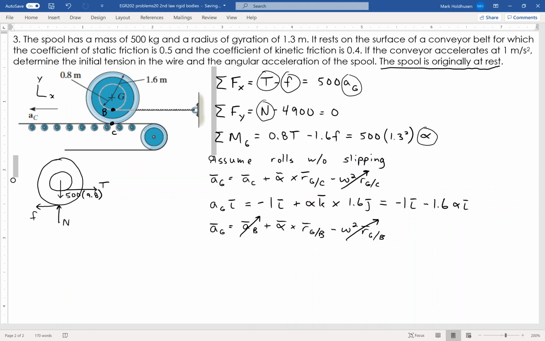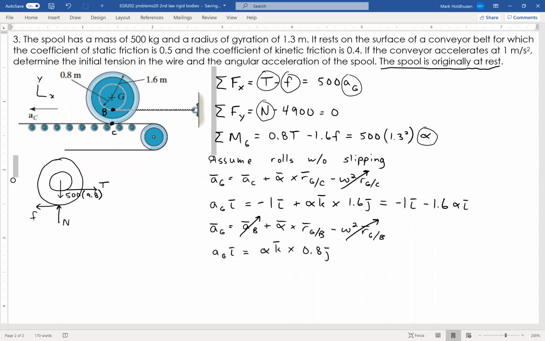Okay. Now again, AG I definitely know is in the I direction. Don't know what it is. I know it's horizontal. This has to equal then alpha. Again, I don't know what it is. It's in the K direction. And then this has to be the same idea, which is instead of 1.6, now it's just going to be 0.8, because again, it goes from B to G. So that's going to be 0.8J.